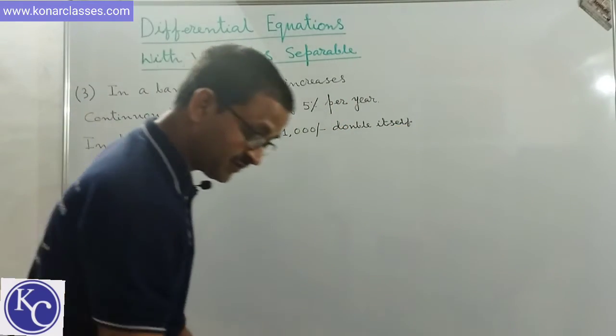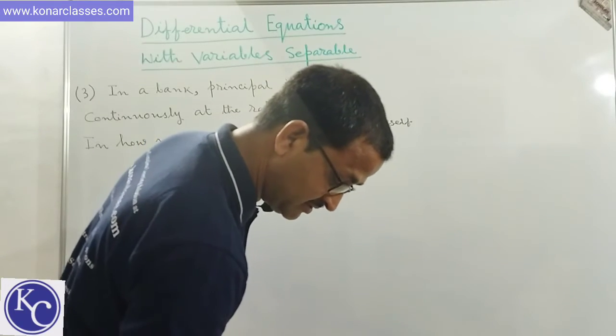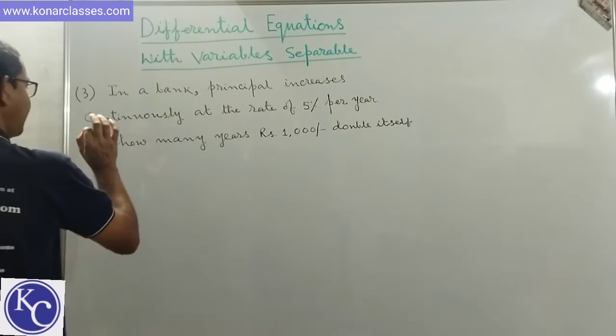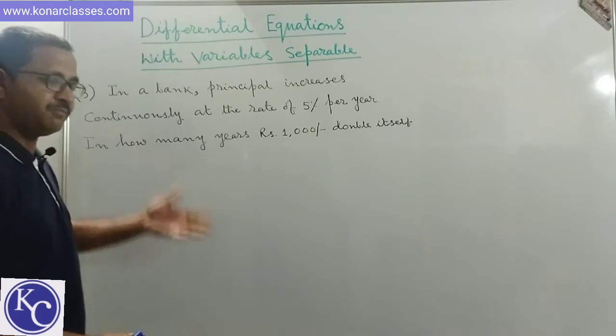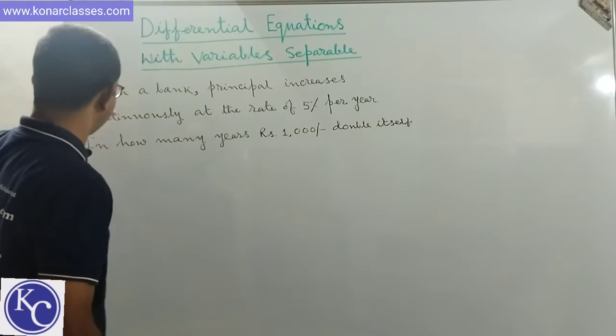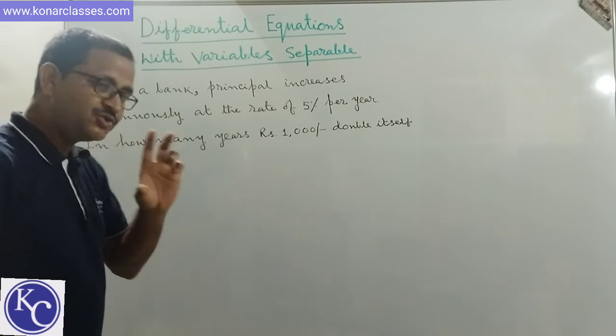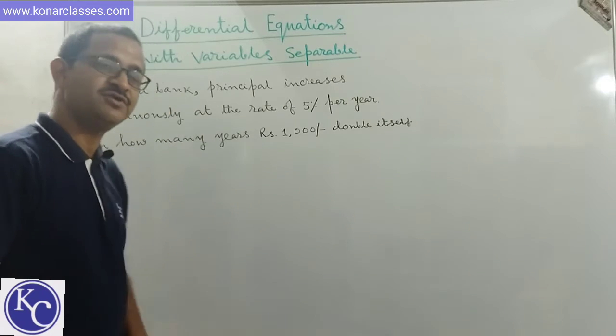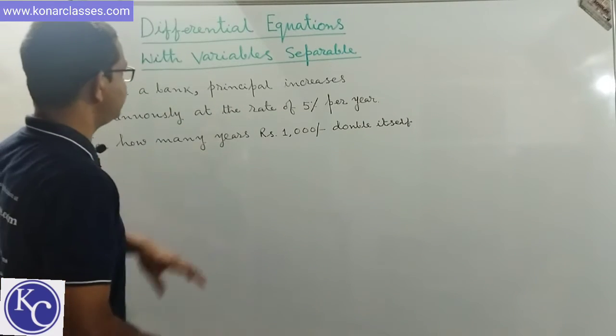So let us first understand what is meant by this question. The first line is very important. All the lines are important, but from the first line we can actually interpret what is the differential equation. In a bank, principal increases.